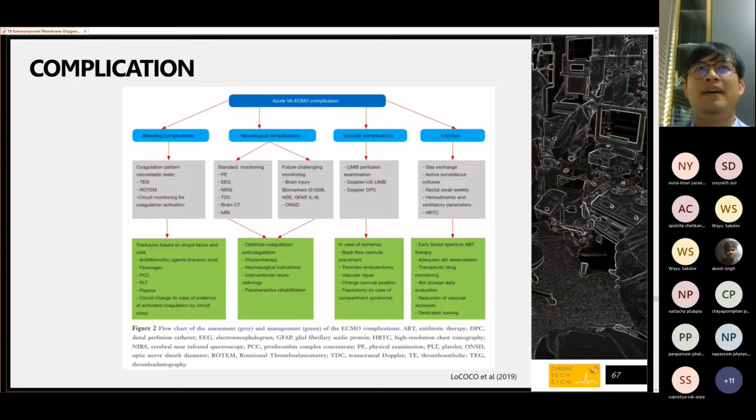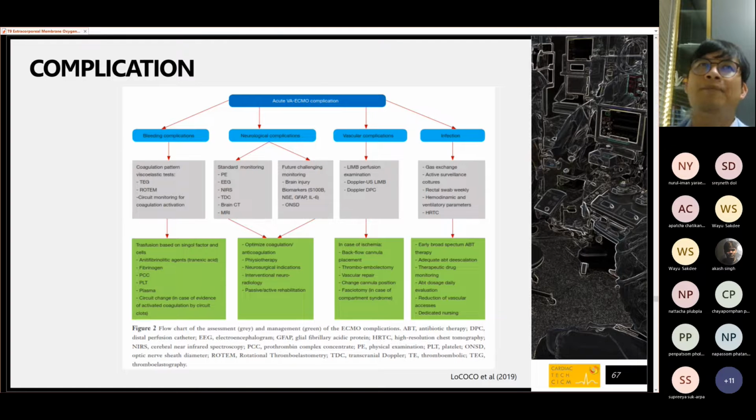Even though it's possible to face serious complications, we still need to bear in mind that we will do everything as best we can. So here are the complications and how to monitor to protect against them.